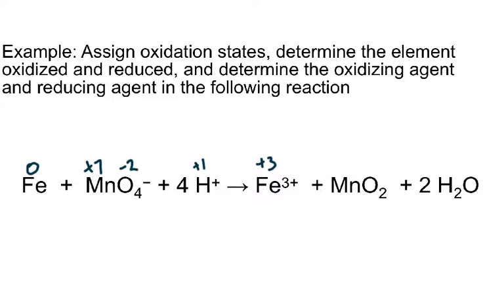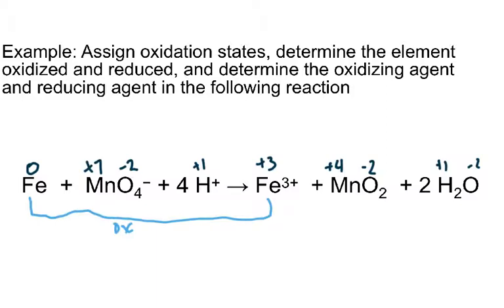My manganese oxide here, oxygen is still a minus 2, but my manganese is now a plus 4. And in water, it's minus 2 and plus 1 for my hydrogen. So you can see my oxygen and my hydrogen did not change oxidation state. I'm worried about my iron and my manganese. So my iron here went from a 0 to a plus 3, so it's oxidized. You can also look at it as it lost electrons.